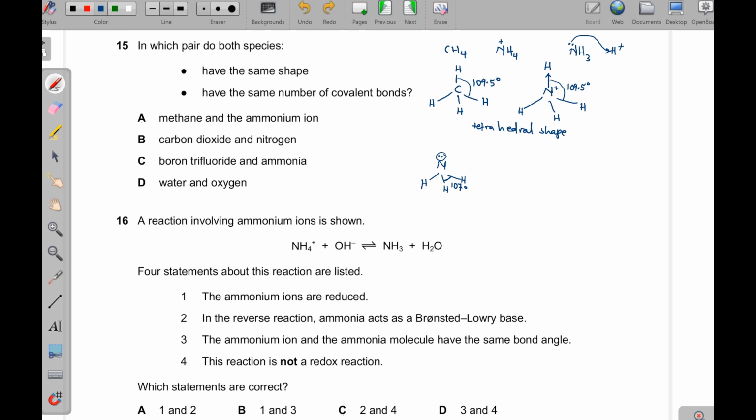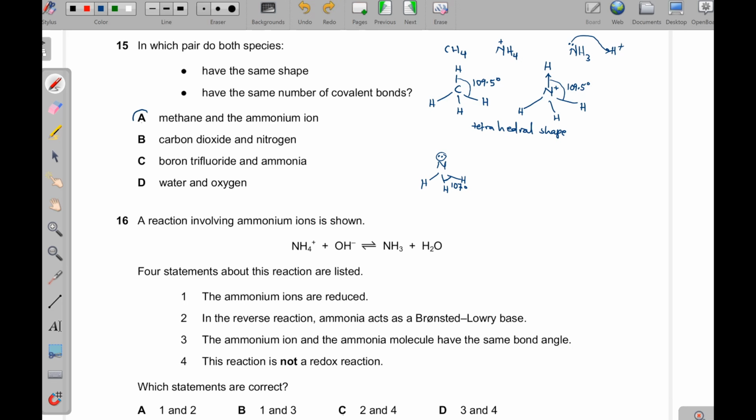Then they say they have the same number of covalent bonds. Yes, this is 1, 2, 3, 4. This is 1, 2, 3. Even this one here is a coordinate bond, but it is a covalent bond, because covalent bonding is sharing of electrons between two atoms. So these two have the same covalent bonds.